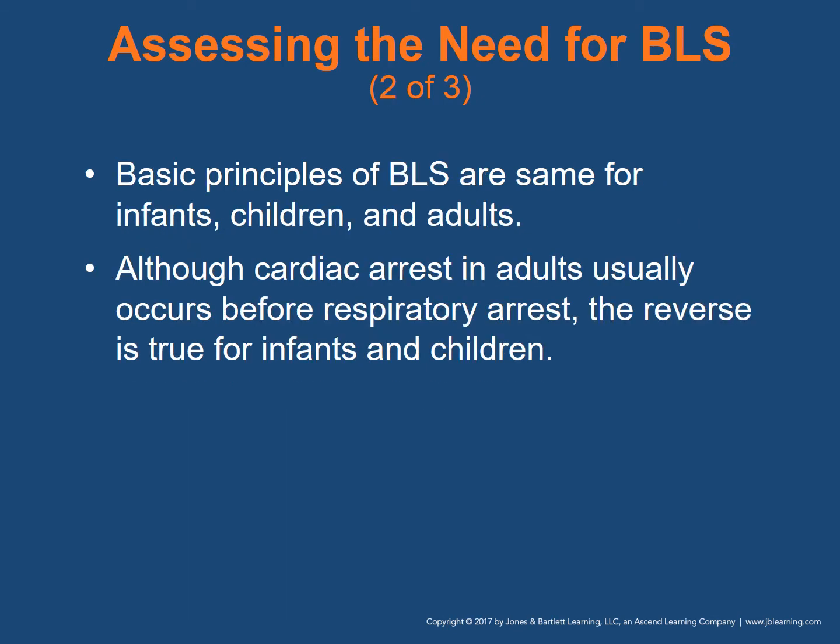Basic principles of BLS are the same for infants, children, and adults. Although cardiac arrest in adults usually occurs before respiratory arrest, the reverse is true for infants and children, and I cannot stress this enough.